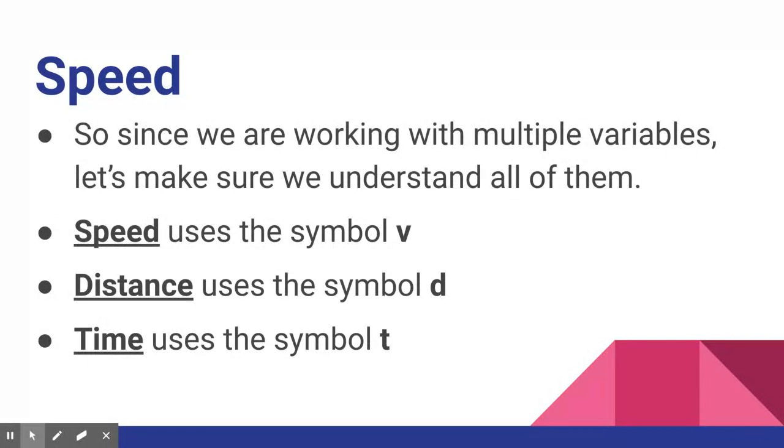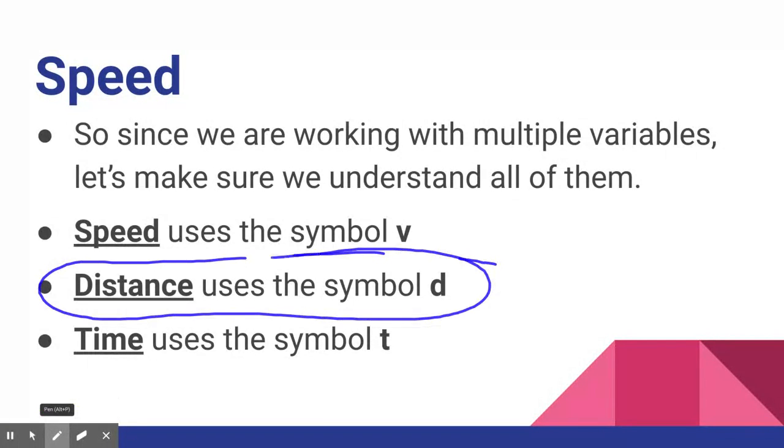The reason why it's not S is because there are a lot of professors and teachers that won't use the symbol D for distance, they'll use the symbol S for distance. They'll also use S for a term called displacement as well.